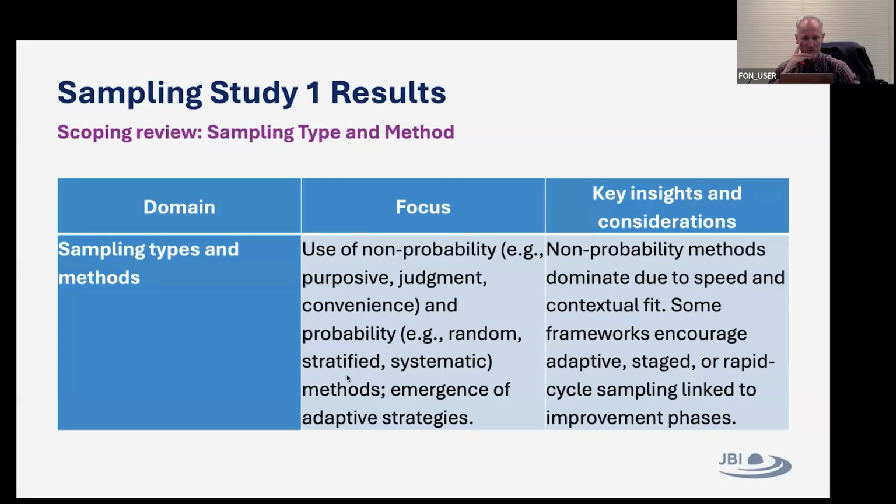Different types of sampling: non-probability, purposive, judgment; probability, so random, stratified; and also some emergent adaptive type strategies. And not surprisingly, across the studies that we included, the convenience or non-probabilistic methods tended to dominate quite significantly.